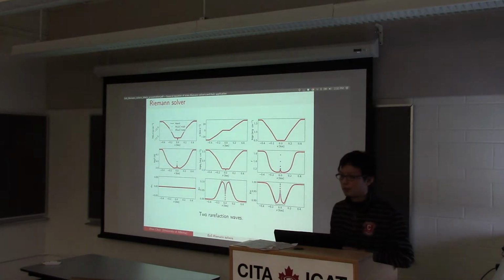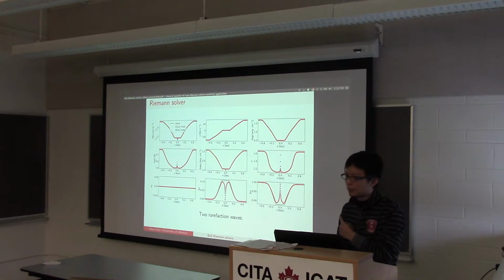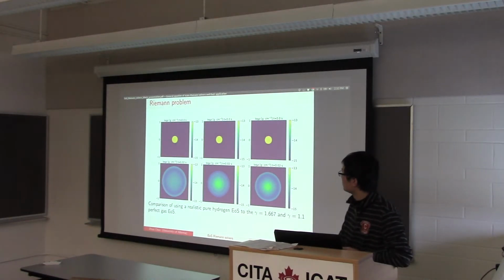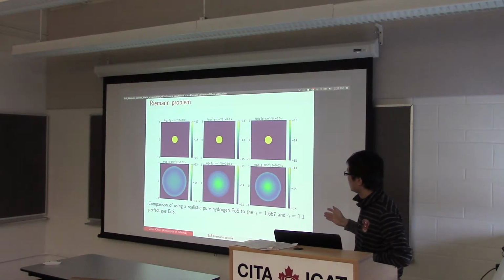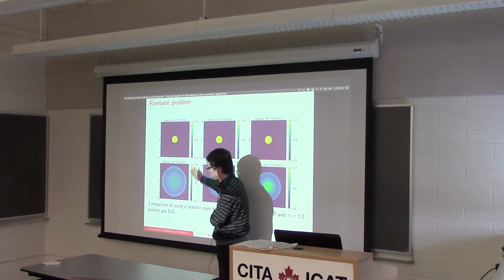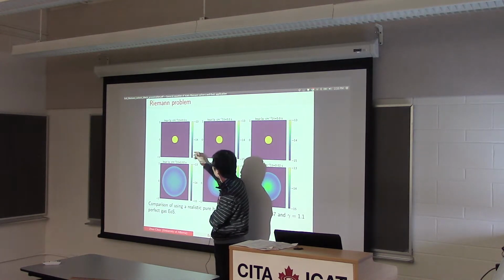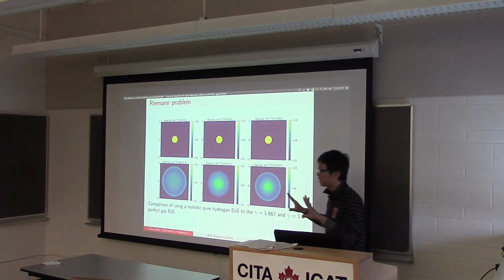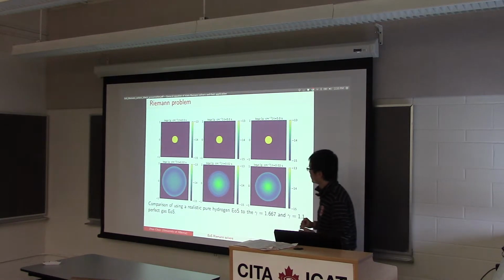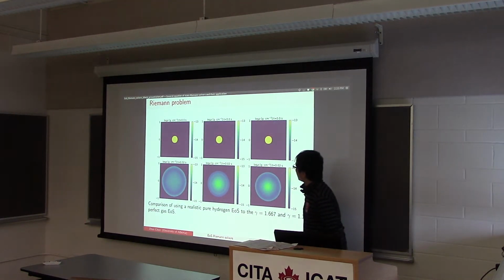What application are you thinking of? I haven't got to the application. In 2D, if I apply the equation of state to the 2D problem, it shows a fireball expanding into an ambient medium, and it has a compressed shell.